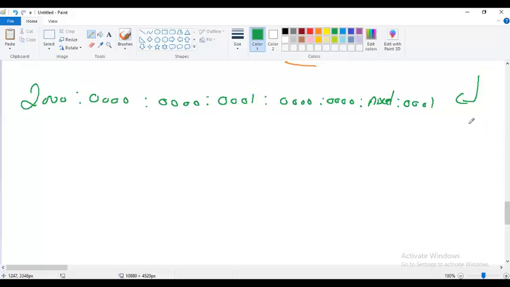You see, this is 2000. Can I cut the zeros? No, I cannot cut the 0. It will become 2. The value changes. So 2000.